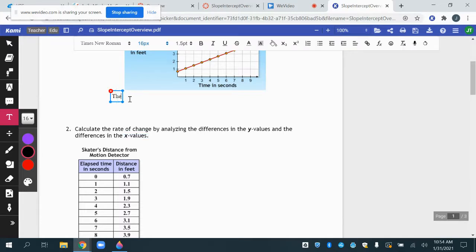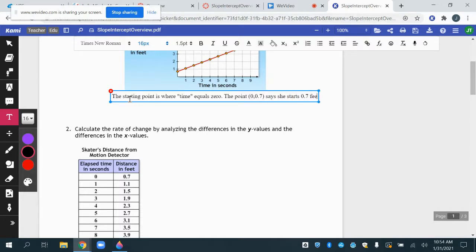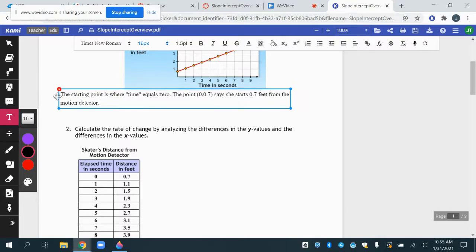So we could say the starting point is where time equals 0. 0.7 says she starts 0.7 feet from the motion detector. So that's a way we could tell where to start her.